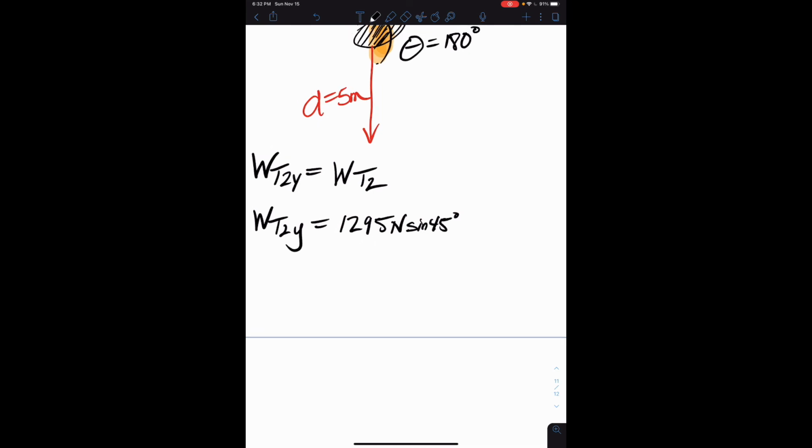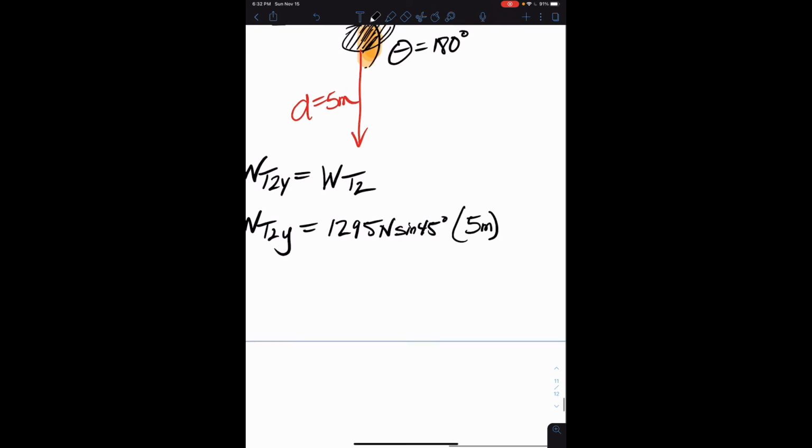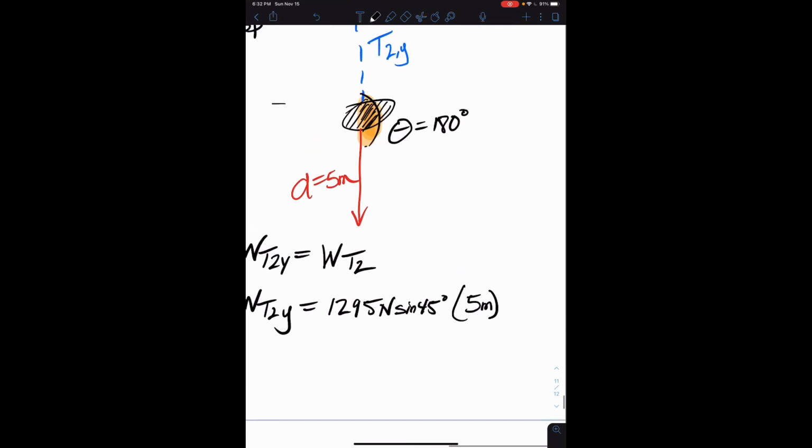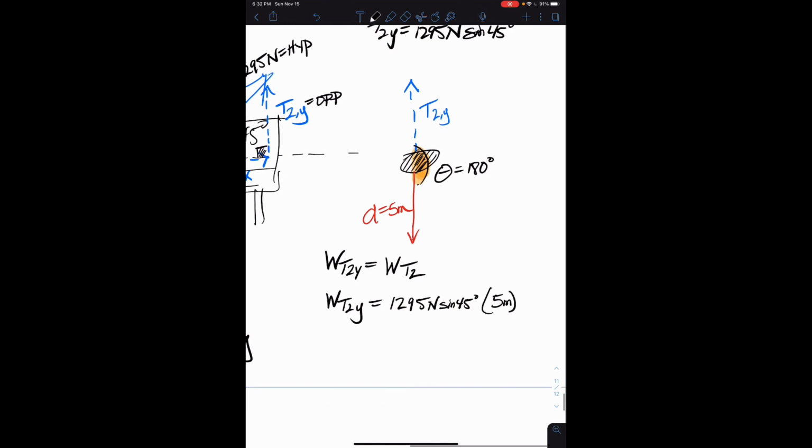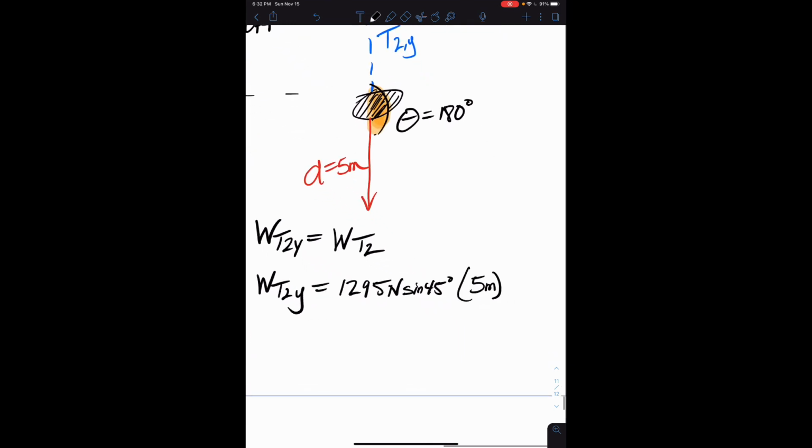That's okay. So there's F, D is going to be 5 meters, and theta is going to be that 180 degrees. So I'm using this formula: the work by T2y is equal to T2y times D times the cosine of theta, and theta is 180 degrees.